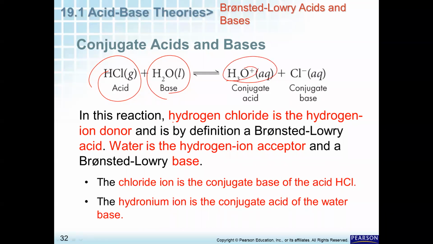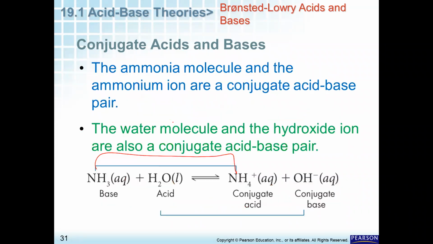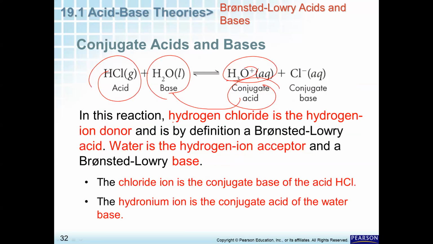So that hydronium ion is, as a matter of fact, a conjugate acid of the water acting as a base. So here the water is acting as a base, while here the water is acting as an acid. This is something to be defined in a minute: materials that can act as an acid and sometimes as a base, depending on the other partner, we call amphoteric materials. Amphoteric materials are the ones which can act as an acid and a base. Anyway, let's focus on this. We will come to that definition again.